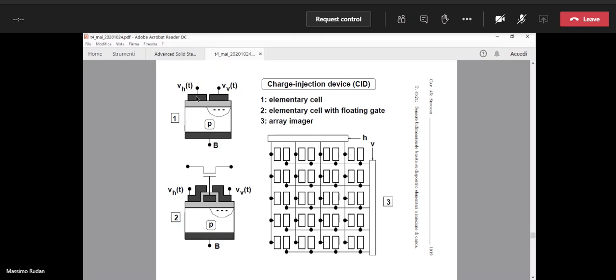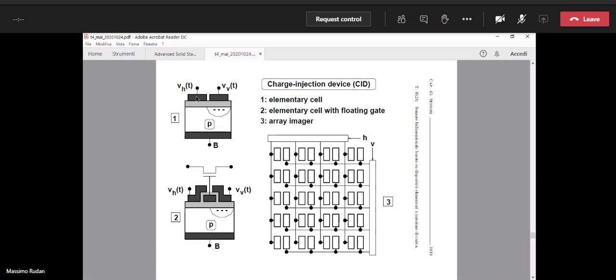So we have associated a signal, that is the signal that goes through the MOS transistor, without destroying the charge in the CID. So this type of reading is a non-destructive reading, okay? And of course, it can be repeated.